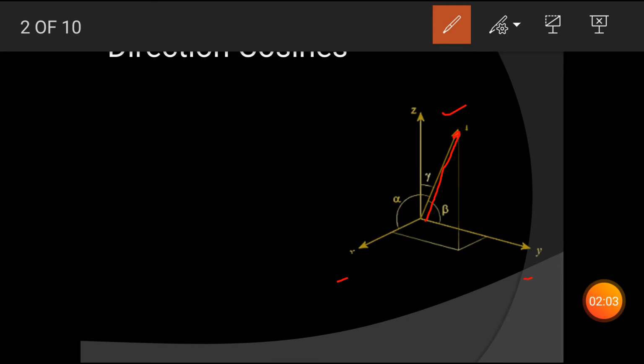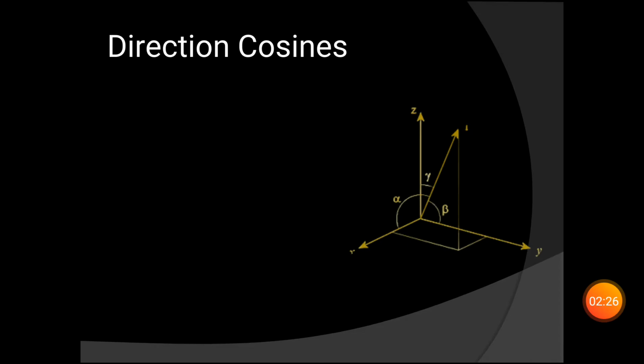So, it is making alpha, beta and gamma, three angles with the three axes, that is x, y and z, with the positive direction of the axes. These angles are known as directional angles.